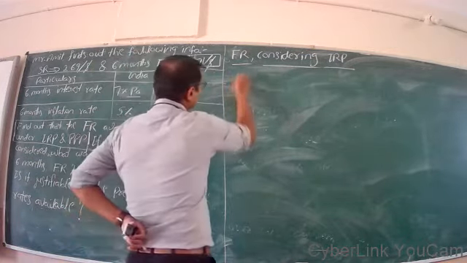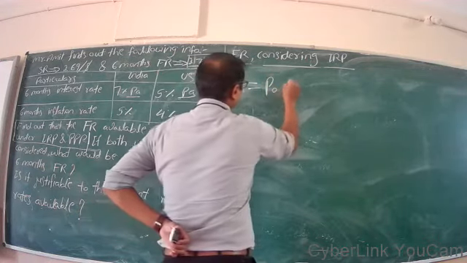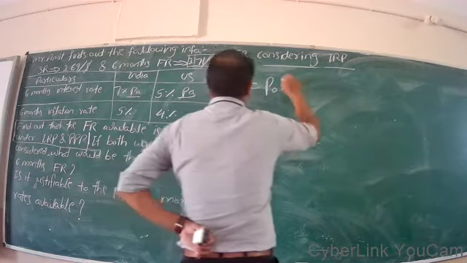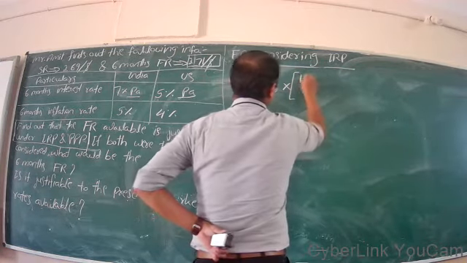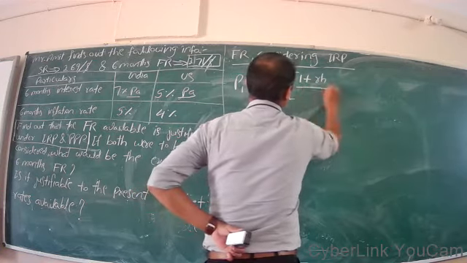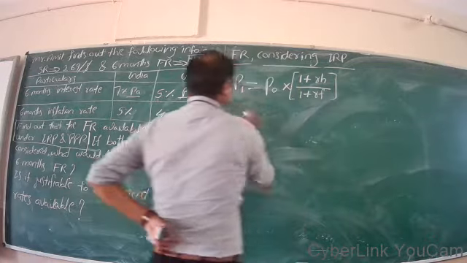The formula will be P1, that is the new exchange rate, is equal to spot rate or old market rate or prevailing market rate multiplied by 1 plus RH divided by 1 plus RF.